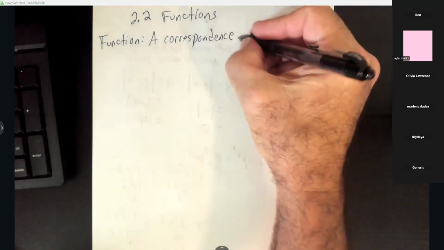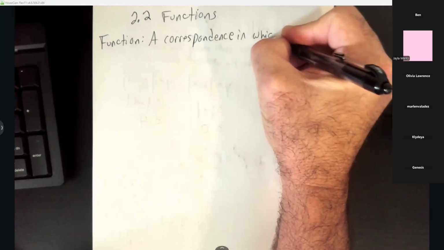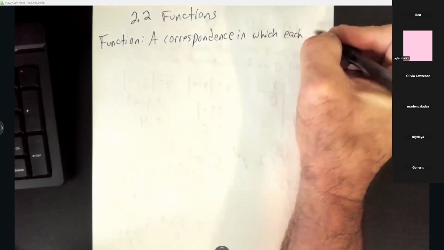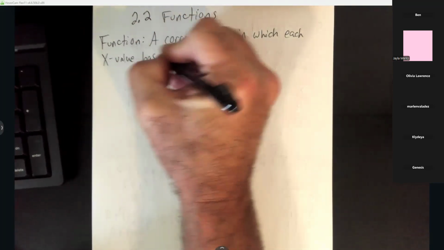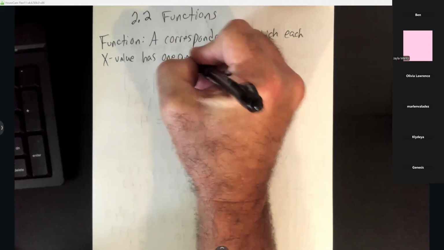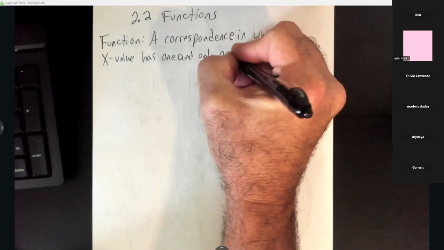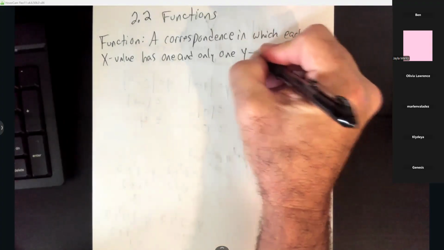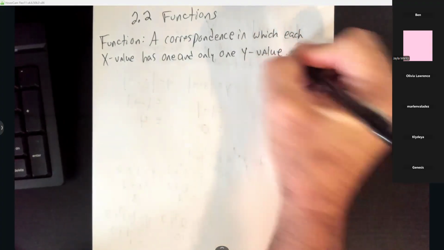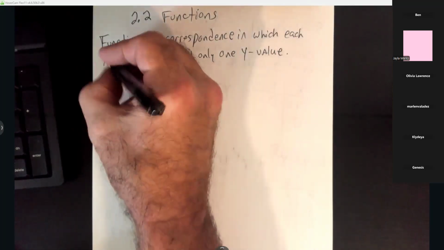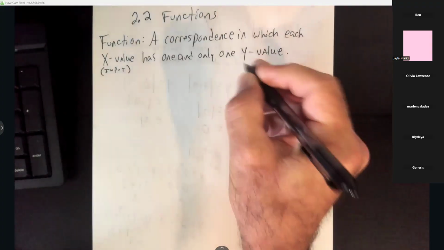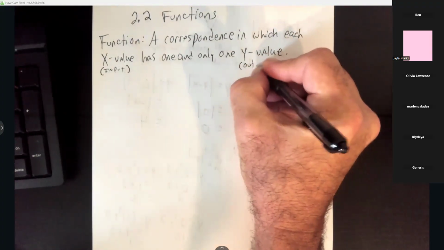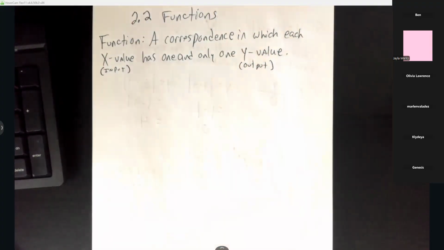So it's a correspondence in which each x value has one and only one y value. Now you can remember these as x values are like your input, the y values are like your output. You put an x in, you want a y out.